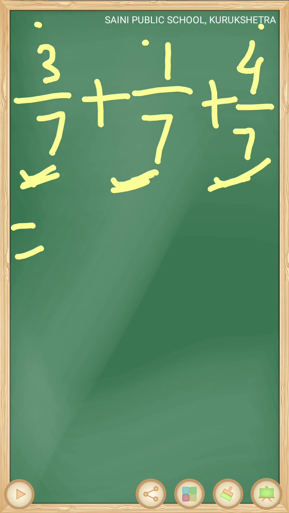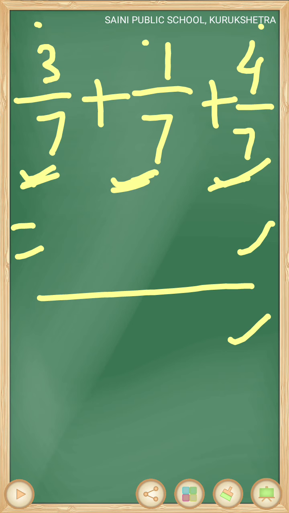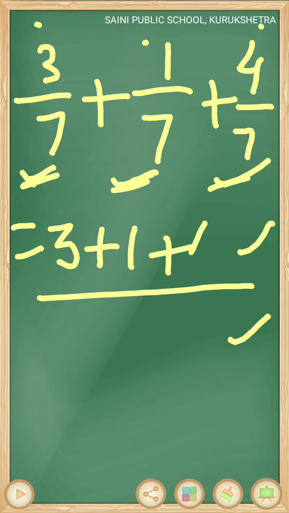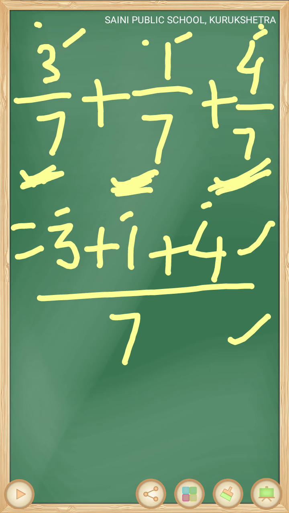First of all, in a fraction we know there are always 2 numbers, one in the numerator and one in the denominator. So how can we add these fractions? In the numerator we will add the given numerators. Here you can see there are 3 numerators of the given fractions: 3, 1 and 4. So in the numerator we will add these 3 numerators, and in the denominator we will write the same denominator. Now here you can see all denominators are the same, that is 7.